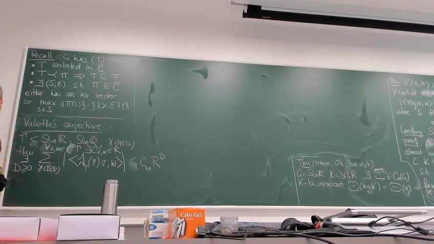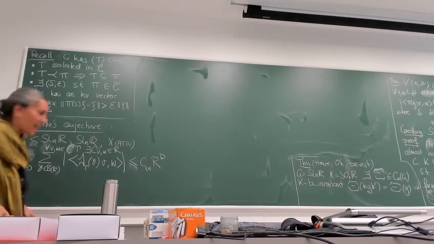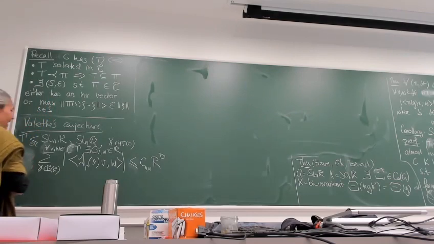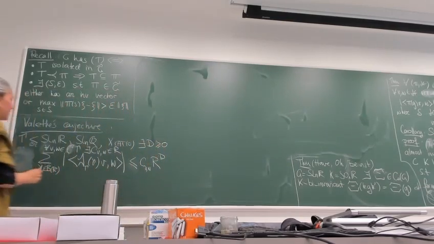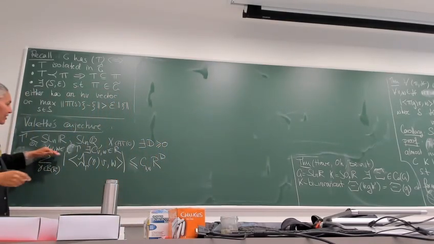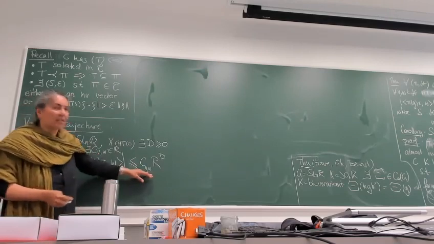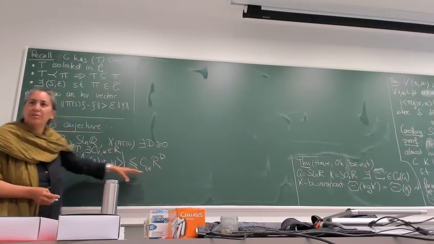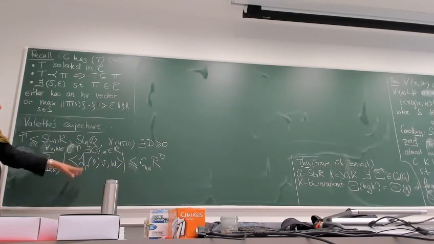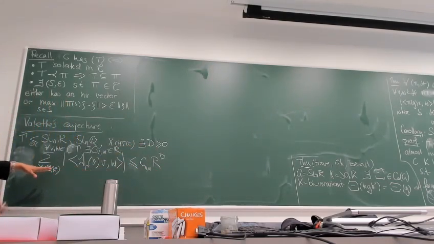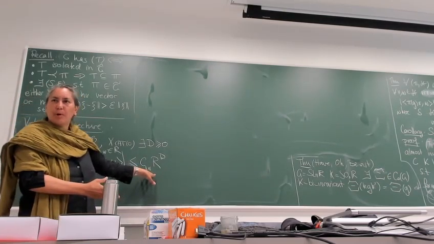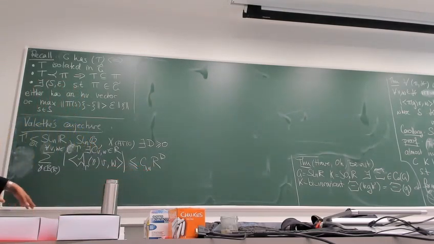Yeah. So there exists D greater or equal to 0, such that for any vectors, you can find a constant. So basically, when you sum the coefficients of the regular representation over a ball, you behave like a polynomial in this ball.